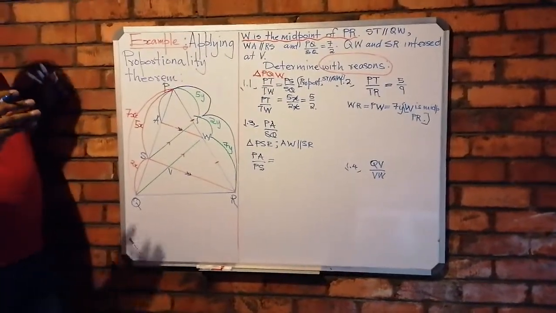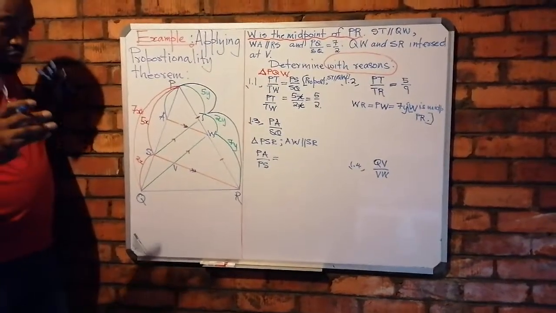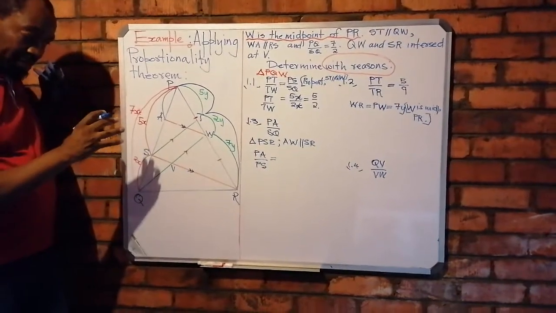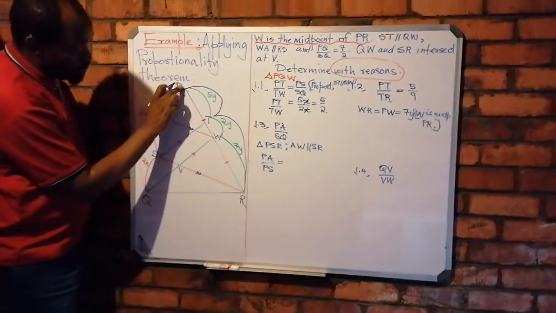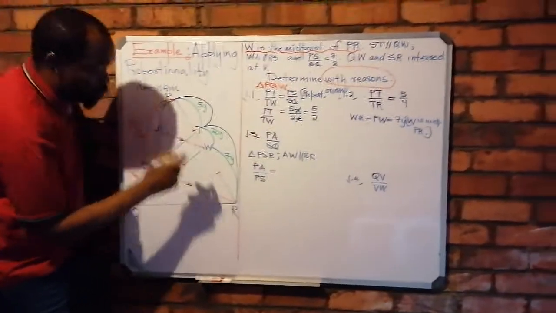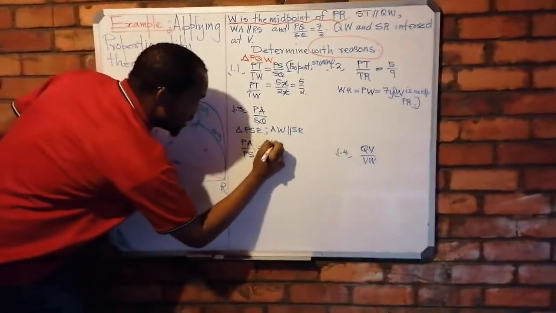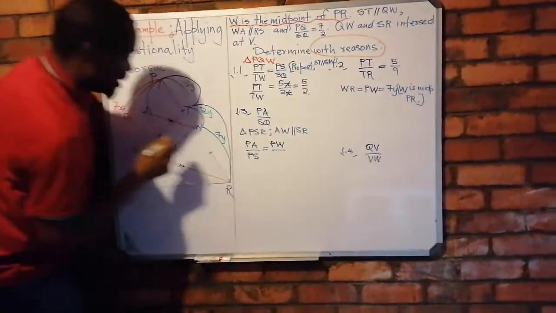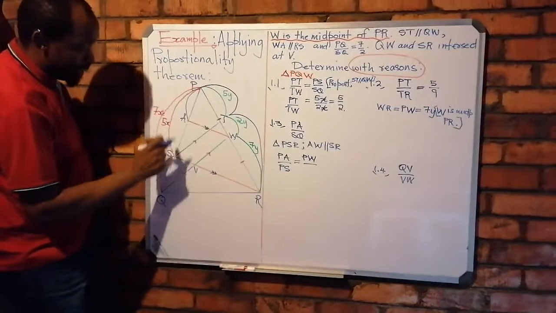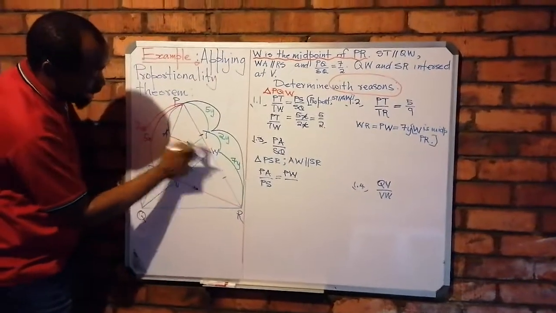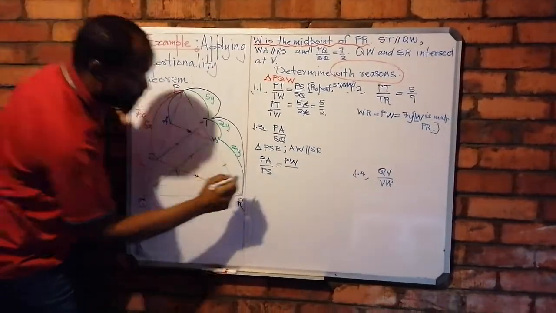Can you see that I'm listening to what you are saying? You must also listen to what I'm saying, please. Now, as you say, this would be PW. I'm writing that, thank you very much, divided by, remember we said PA divided by PS, now we are saying PW divided by PR.